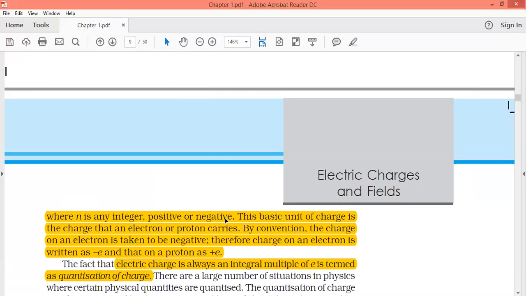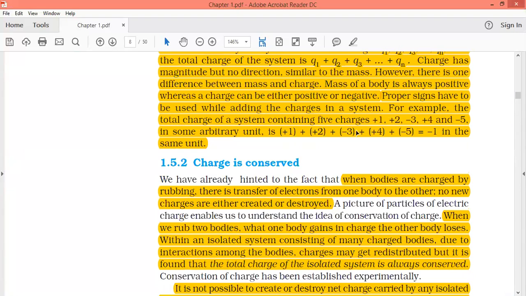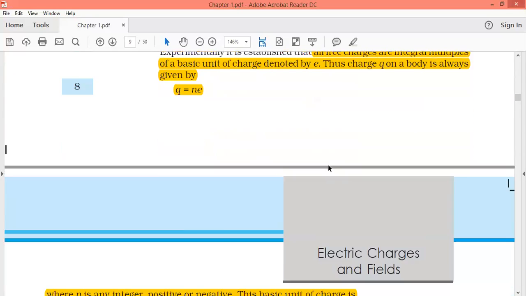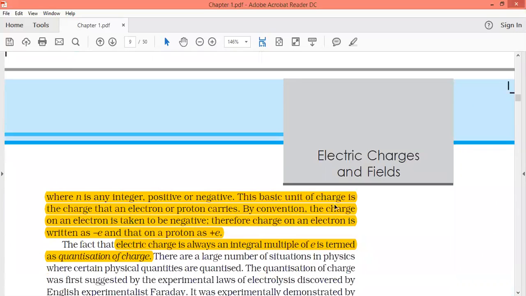In the previous case, when we discussed the additive property, in the previous example we were adding, and we were getting n as negative. So here also n is an integer. It can be positive or negative. This basic unit of charge is the charge that an electron or proton carries.